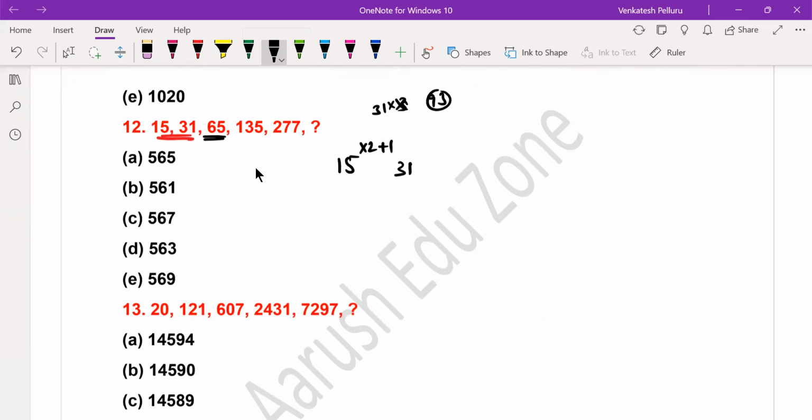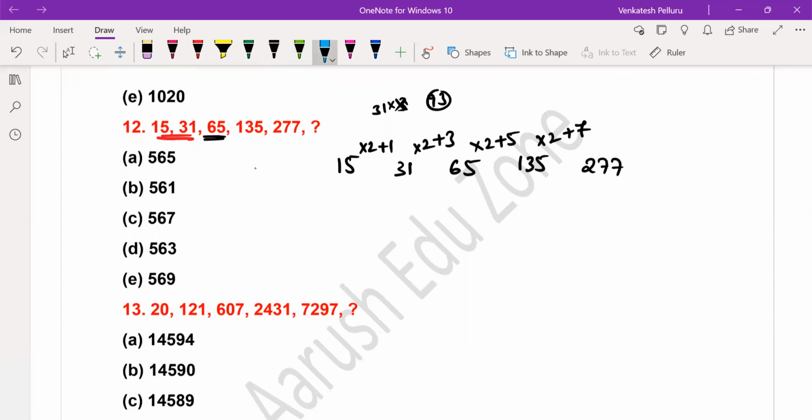So it is not multiplied by 3 for sure, it is only by 2. 31 2s are how much? 62. For 62 to become 65, I have to add 3. Okay, 65. So next, 65 2s are 130. If I add 5 to 130, it becomes 135. Again, if I multiply by 2, 135 into 2 is 270. 270 plus 7, I will get 277.